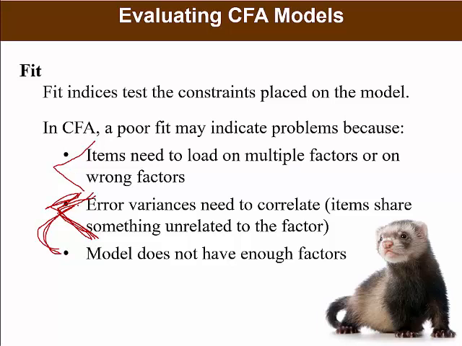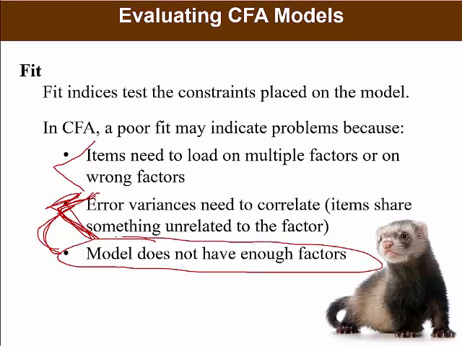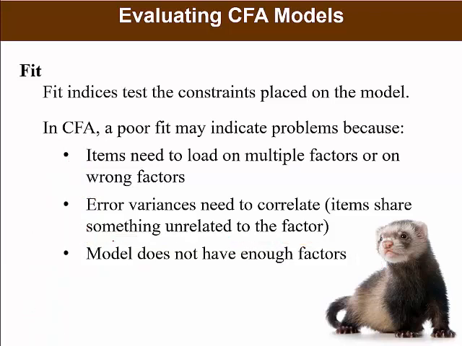And so in that case, my eating items might want to correlate with each other, and I could fix that by having another factor. Maybe I need one factor for depressing thoughts and another factor for eating items. So if I have a model where I've specified one factor and I really need two, or I've specified two factors and I really need 3 or 4 or 5, or I've specified 4 factors and I really need 5 or 6, if I don't have enough factors, then that could produce a poor fit.